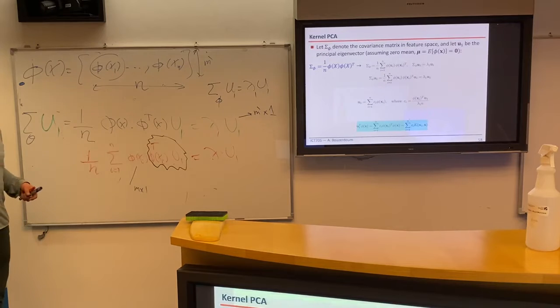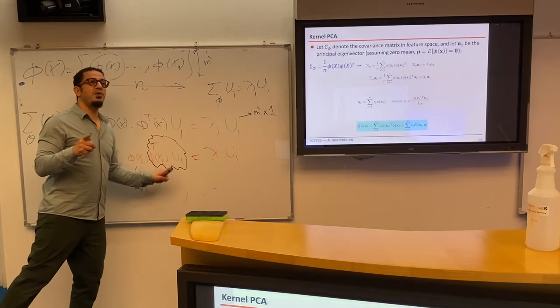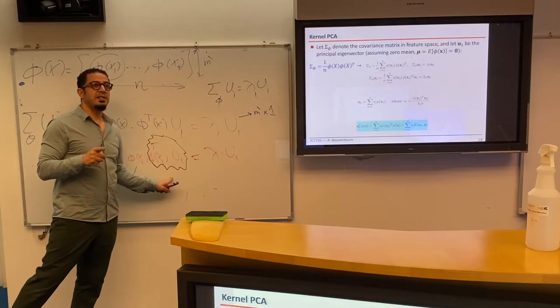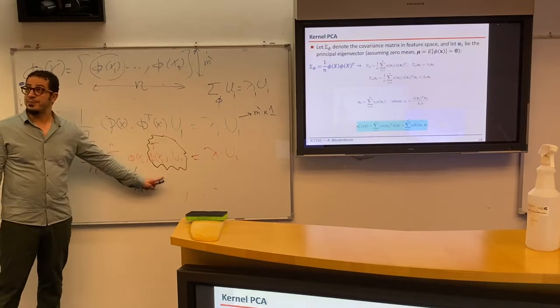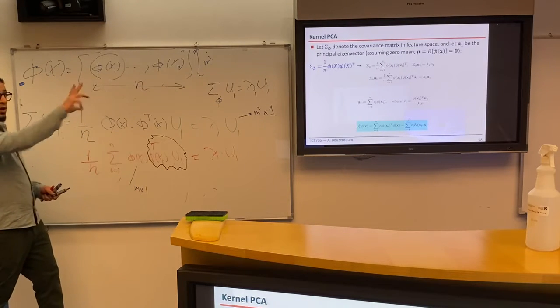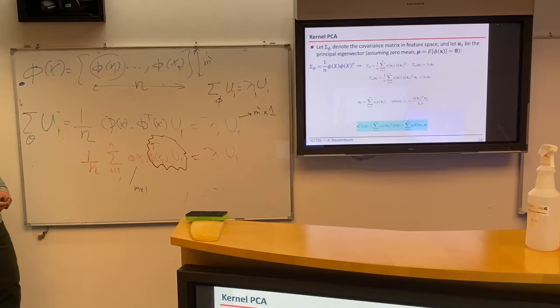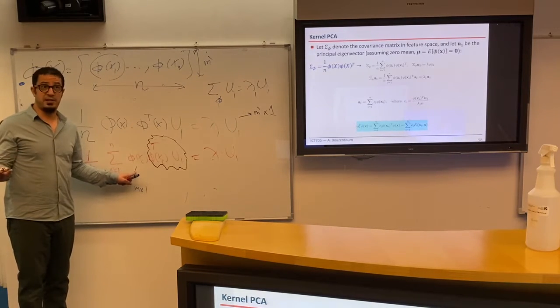Is it a value, or a vector, or a row, or a column, or a matrix? It's a value, right? Yes, thank you, it is a value. So this is a value. Here it is a row times a column, which is always a value. Okay. So a vector plus vector plus vector plus vector is a vector, right?